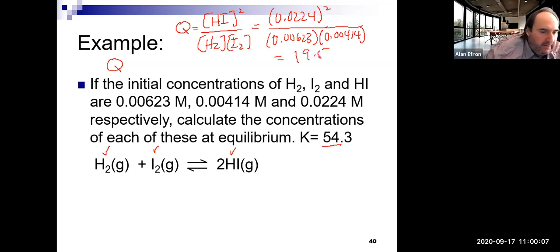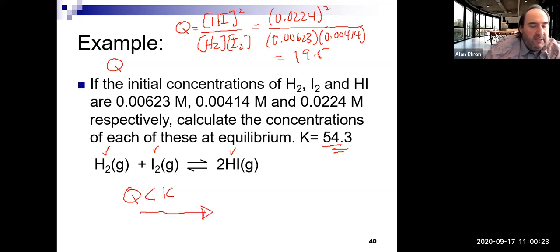Again, we could compare that to our K value, and in this case, Q is less than K. So that does tell us that we're not at equilibrium, which we probably could have guessed because of the type of problem. But more importantly, it tells us to reach equilibrium, we do need to proceed in this direction towards the products, which means that our change part should be okay because we should be heading minus on our reactants and positive on our products.